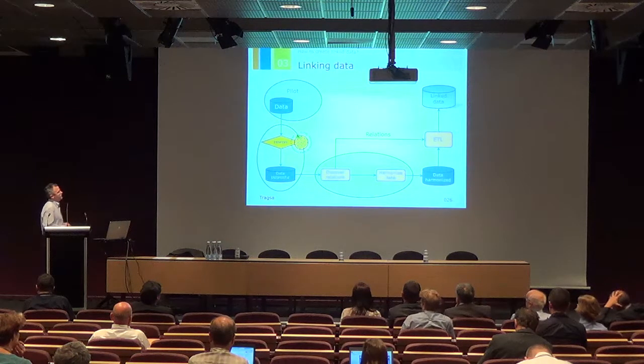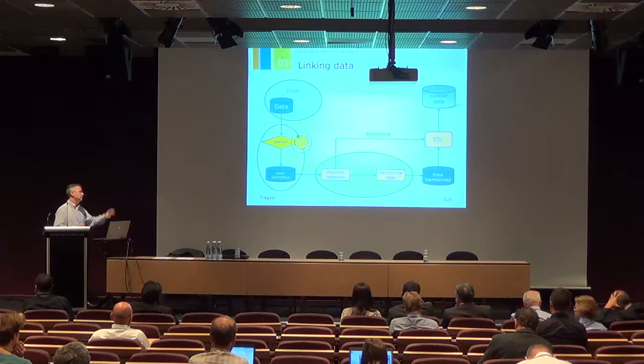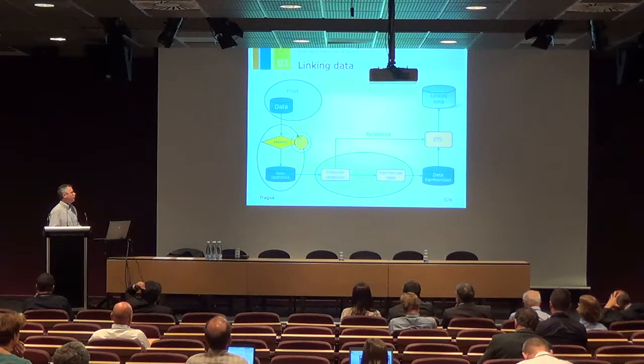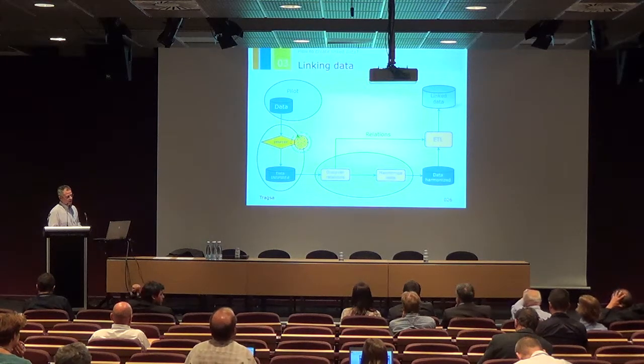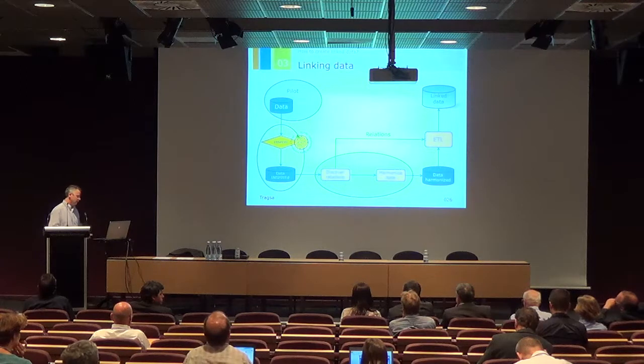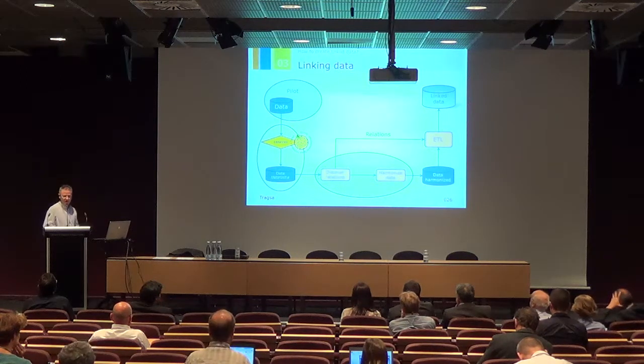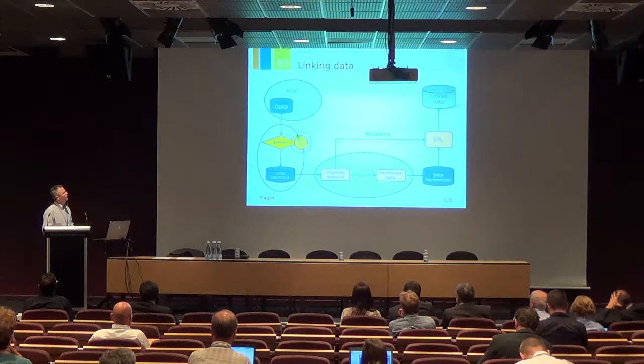Which is the process of linking data? What are we going to do with our raw data after making them Inspire compliant? We have to discover relations, we have to harmonize them, and after that link them. As you remember from the schema that we have seen previously, we also need a triple store, things like that.